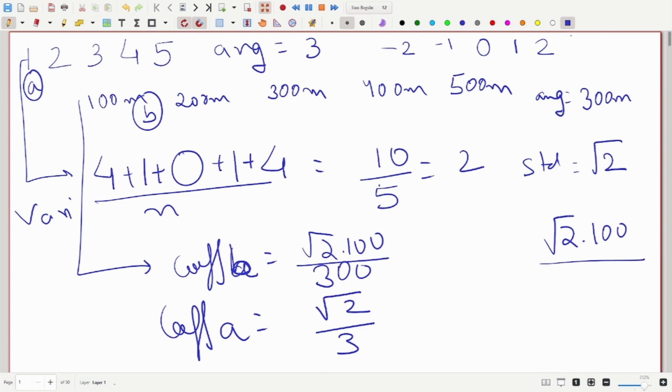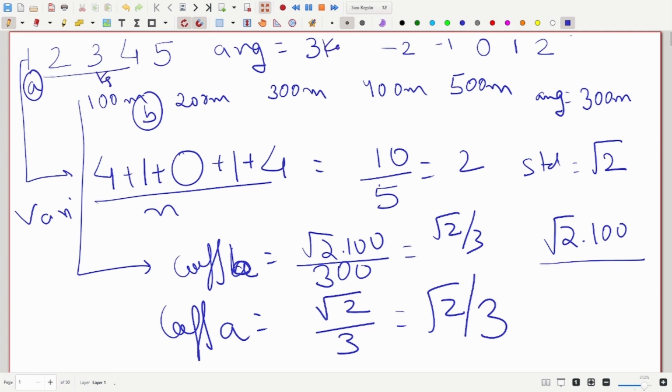As you can see, both are root 2 by 3. So the standard deviation here was root 2. Let's give the unit, let's say kgs, everything is in kgs. So the average is 3 kg, standard deviation root 2 kg, and here the standard deviation for B is also root 2 into 100 meters. But the coefficient of variability for A and B are both similar.